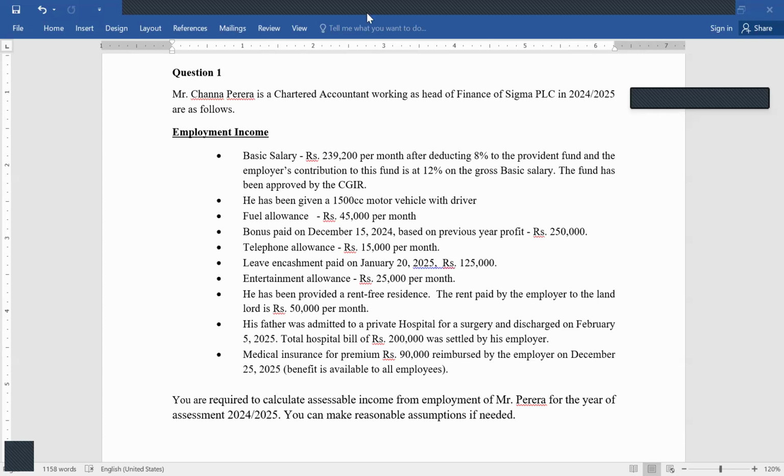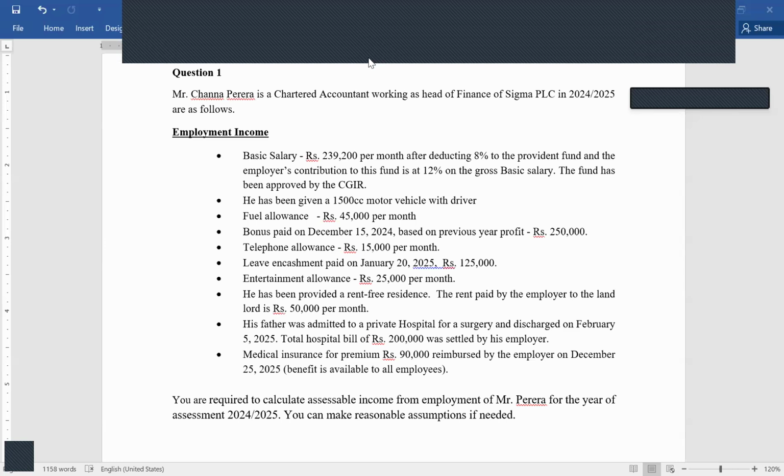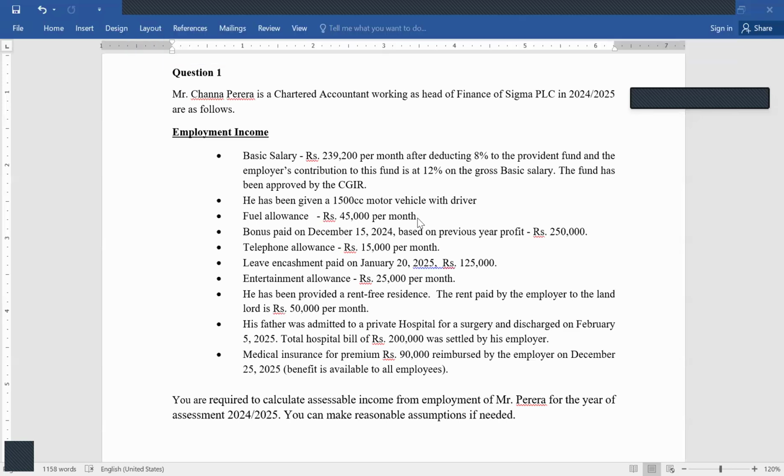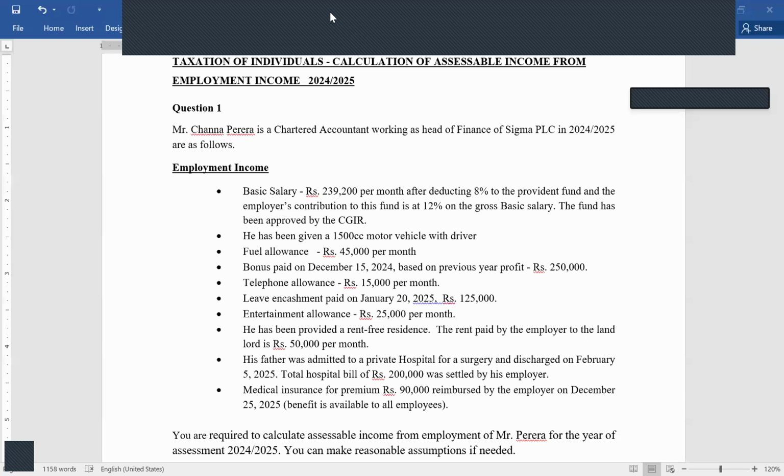If someone needs more clarification with regard to that, you can ask. Then the next one is fuel allowance. So what is the amount we have to consider for the assessable income? What is the amount? 45,000. Then what is the amount? Yes, I have two answers.